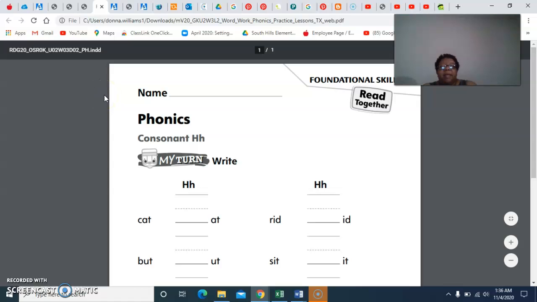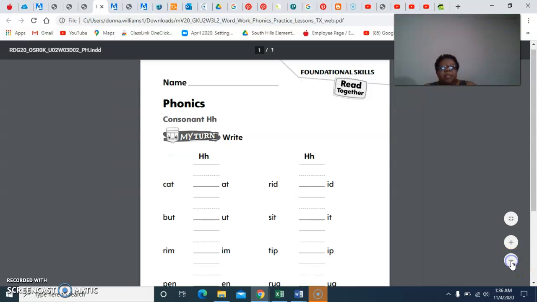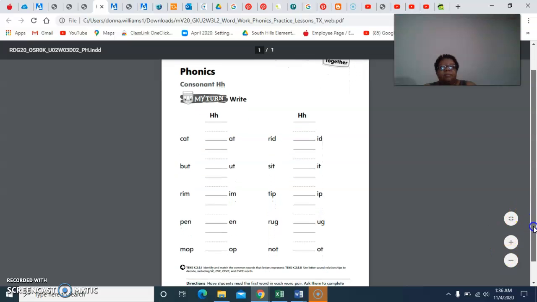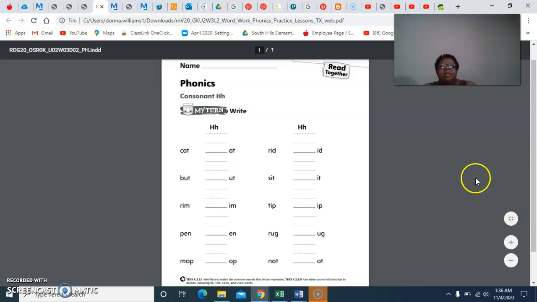Next, we have a paper to practice, and let me make it a little smaller for you. Hopefully you can see it. Okay. First, we have the letter H. It's a consonant, so it makes one sound.